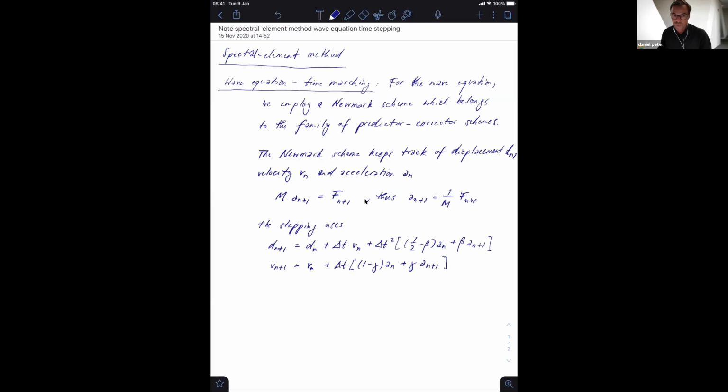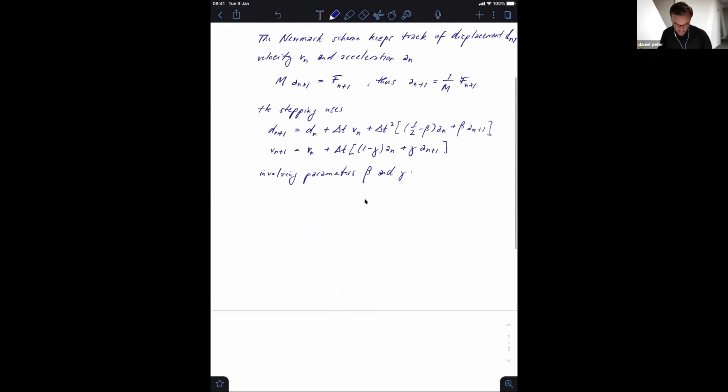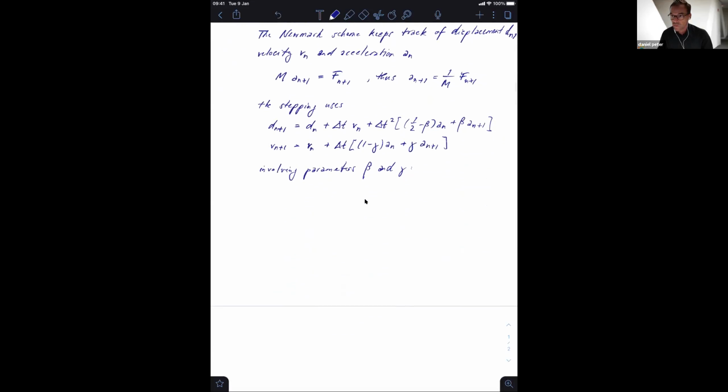So this will be the general Newmark scheme, where we have these beta and gamma parameters. And these parameters are something that we can choose what the values should be.